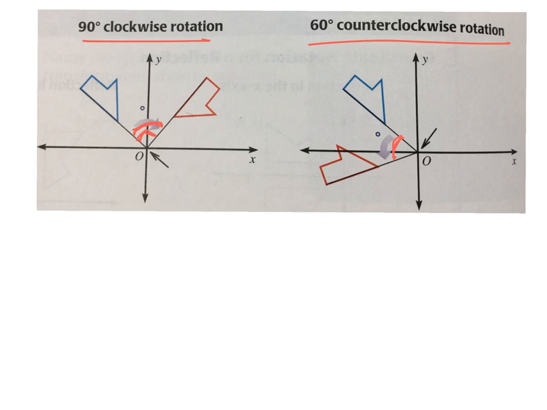How do I know between clockwise and counterclockwise? Blue is where it starts, and then red is where it finishes. Here, this is my original one, so it went this direction. This is the original one, so it goes this direction. So pay attention to which way it rotated. This one's not going to rotate all the way around this way.